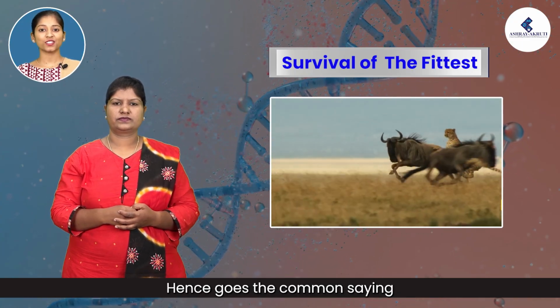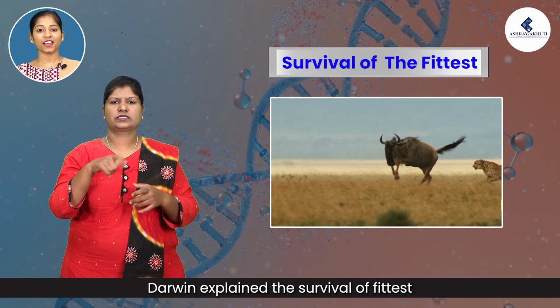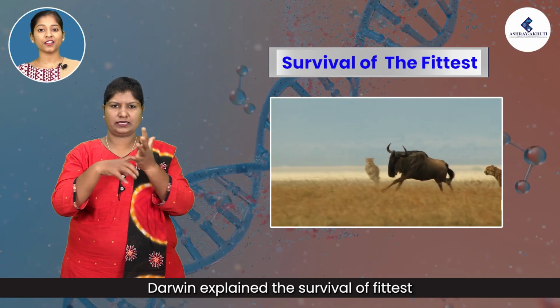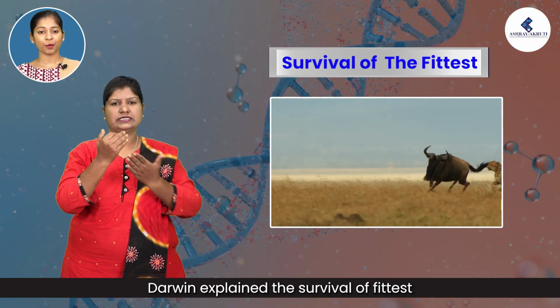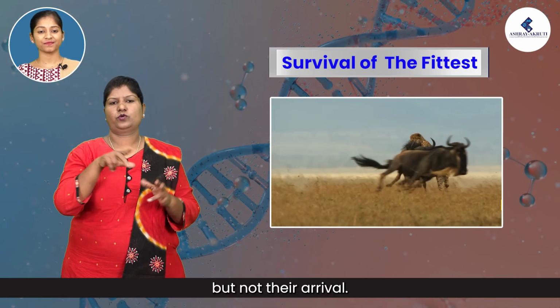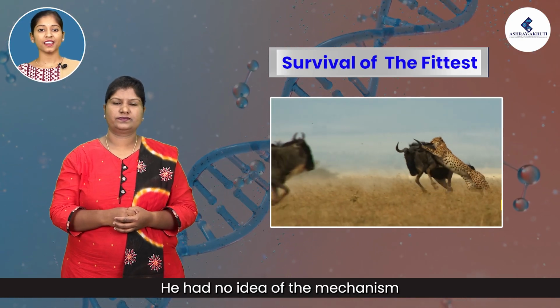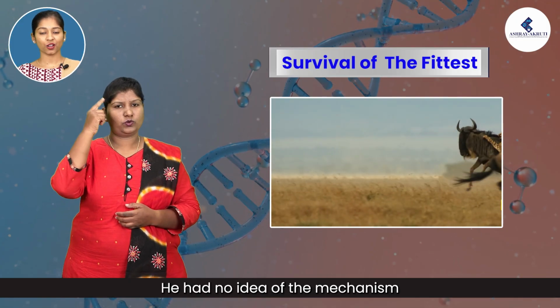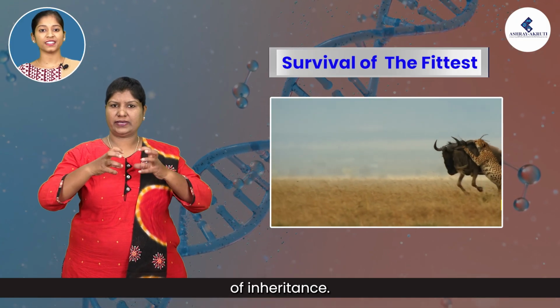Hence goes the common saying, Darwin explained the survival of fittest but not their arrival. He had no idea of the mechanism of inheritance.